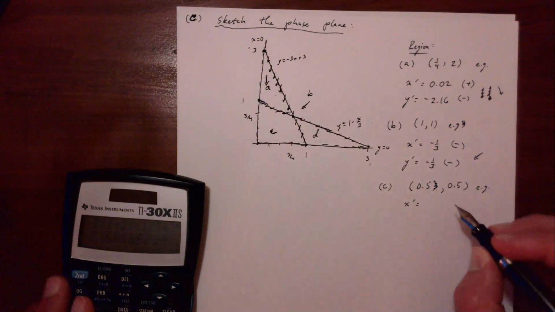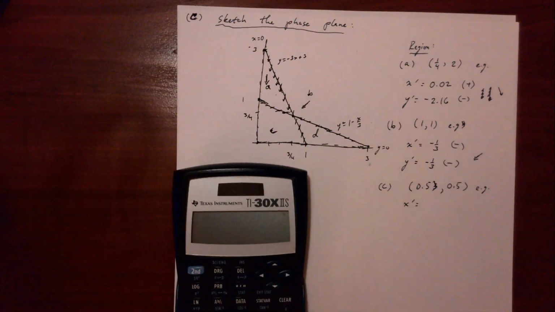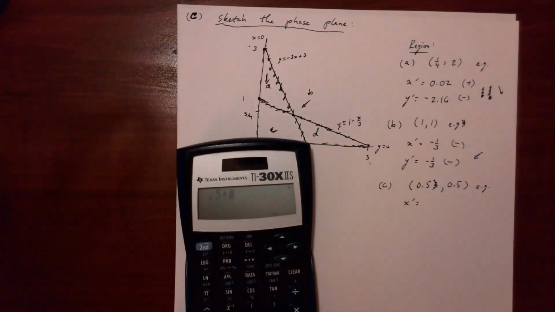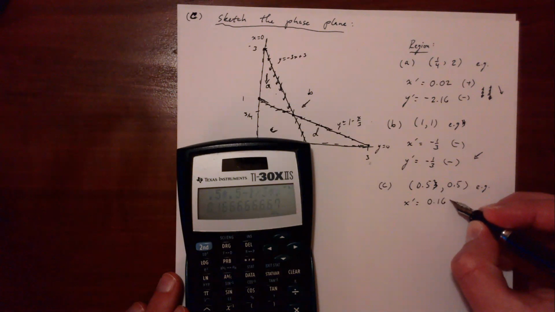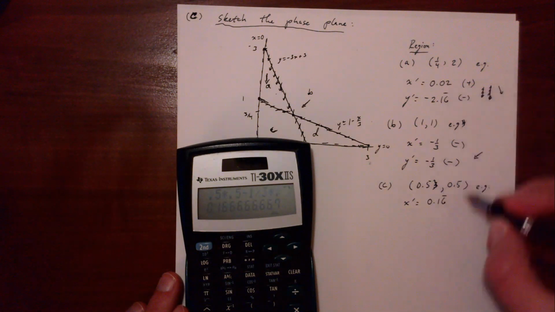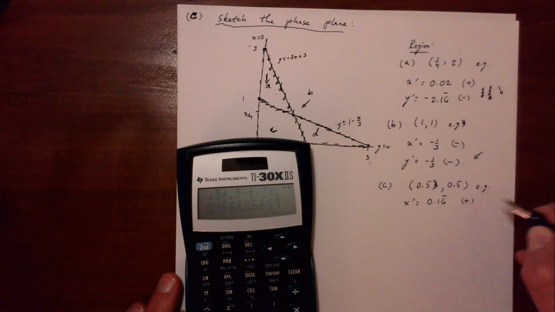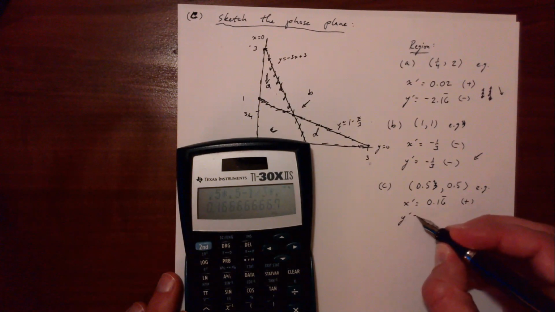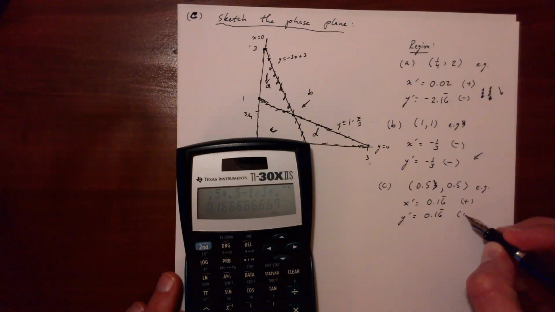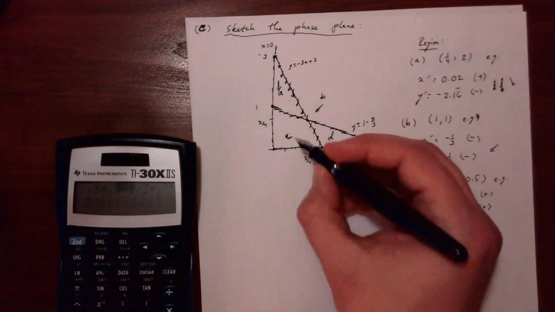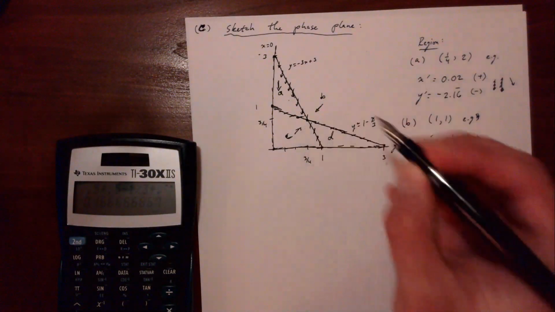It sounds like it's going to be positive, but I guess I need to actually calculate it. So it is indeed positive. And y prime will be the same, because the calculation will be the same. So in the case of C, we have an arrow going up that way.